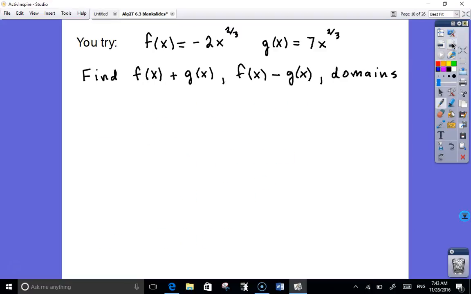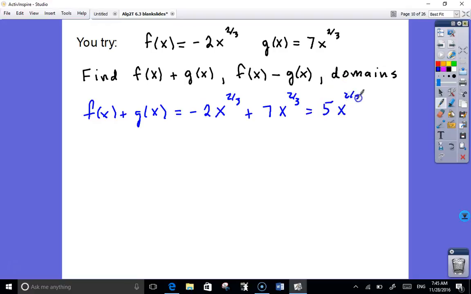So here's your you-try. There are two functions, f of x and g of x. Do the f plus g and the f minus g, and then state the domains. Right, so for the sum, you just add up the coefficients. 5x to the 2/3.